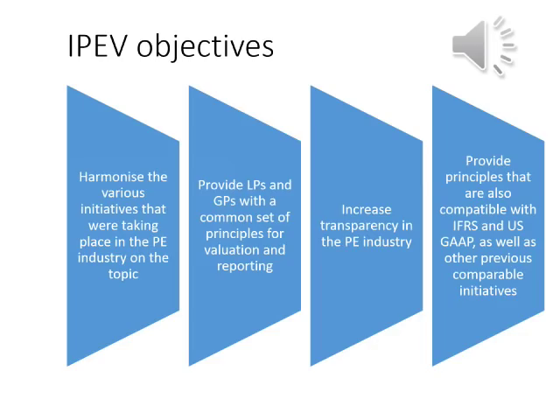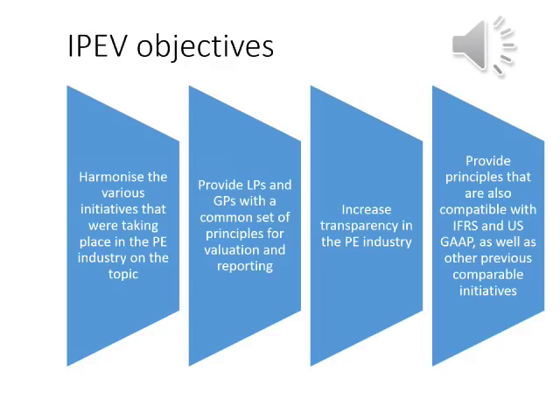IPEV as an organization has 4 principal objectives. The first one, which was historic, was to harmonize the various initiatives that were taking place in the private equity industry on the topic of valuation and reporting, with the idea that instead of having competing standards, it would be best to try and merge these into one single body. Second objective is to provide LPs and GPs with a common set of principles for valuation and reporting.